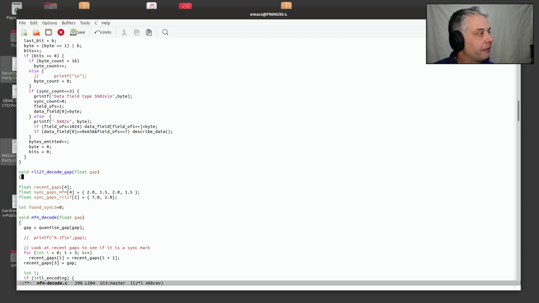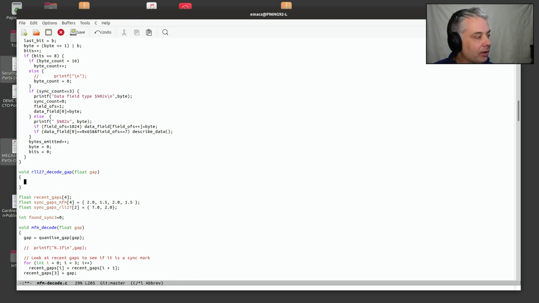So now the funny thing with RLL decoding is that it's a variable length code, which makes our life a little bit interesting. So we need to have the table for that, which I will scab from somewhere in a second. In fact, I have it.